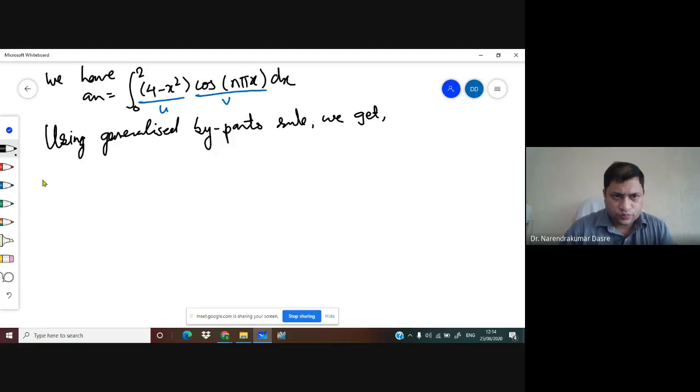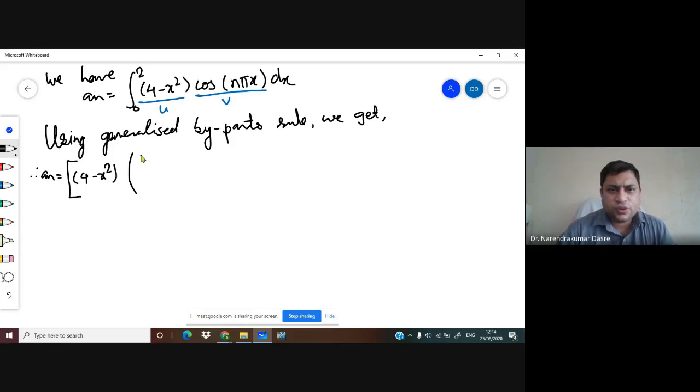We have an is equal to first term as 4 minus x square, then the integration of this.